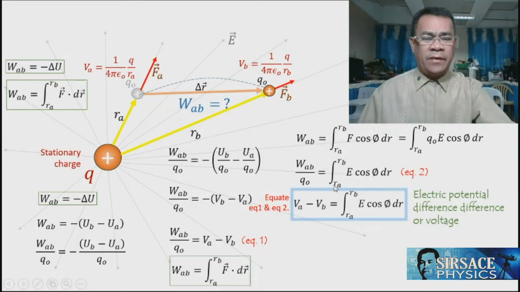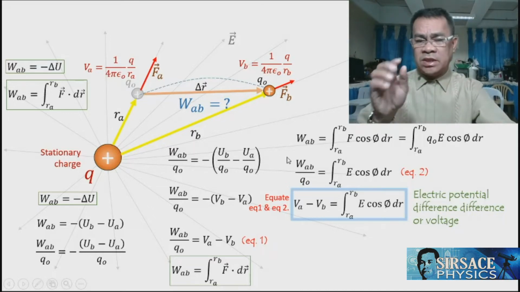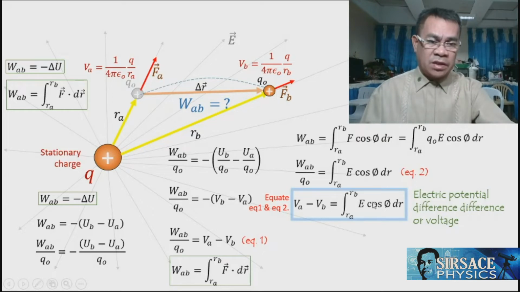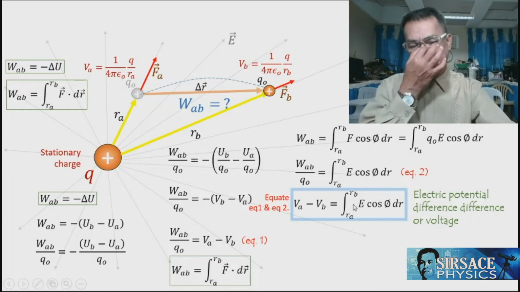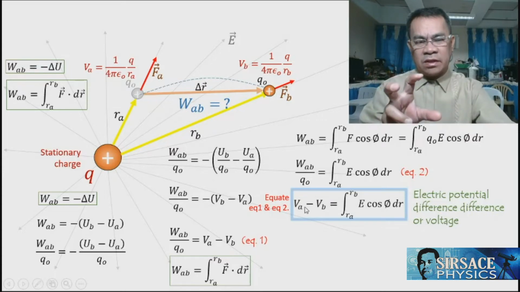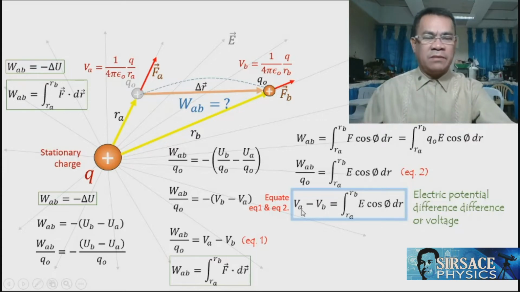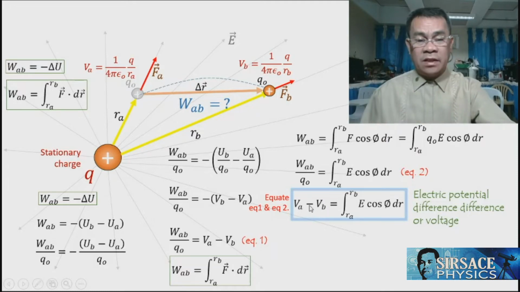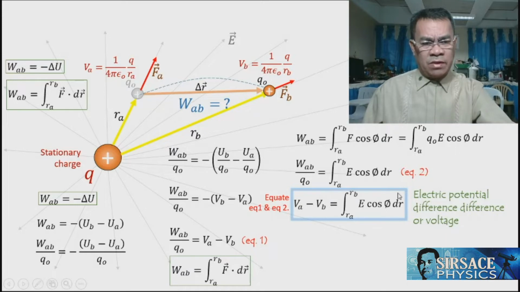So if we want to know how much the potential is at that point, we can use this formula, and we will relate it to the electric field. So aside from the voltage, we can solve the potential difference because this is the potential initial and this is the potential final. If you want to know how much the potential initial is, then you have to find the potential final and evaluate this one, so that you can solve for the initial, or you can solve for the final.